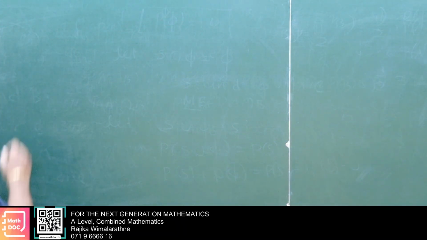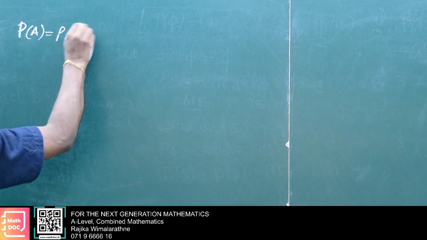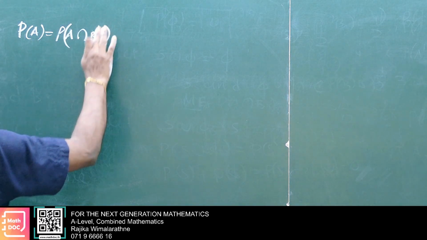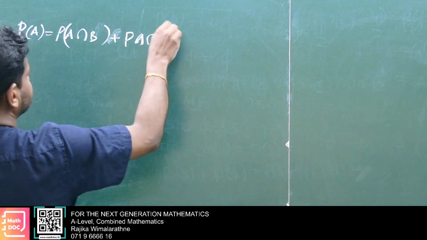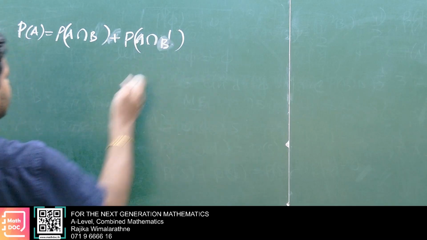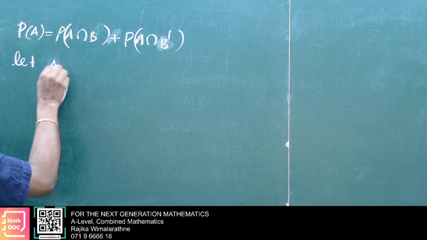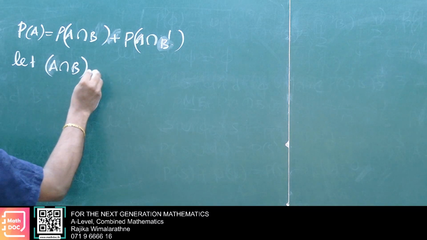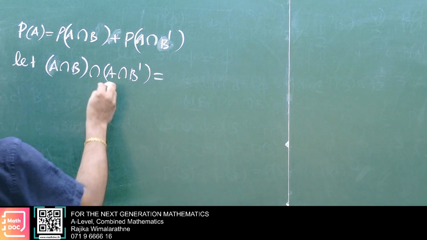Then third theorem proof. Here the theorem: P(A) = P(A intersection B) + P(A intersection B dash). Here let us take A intersection B and A intersection B dash. See what is this?